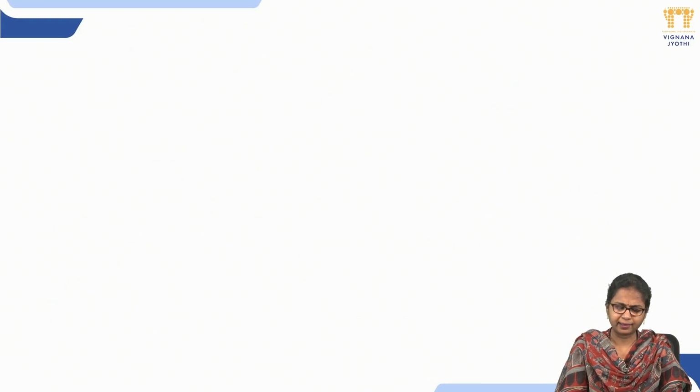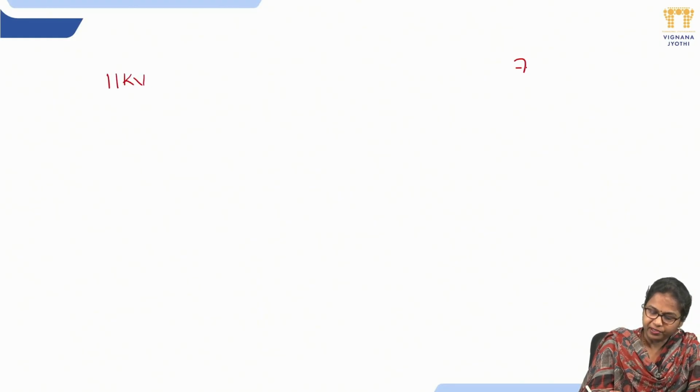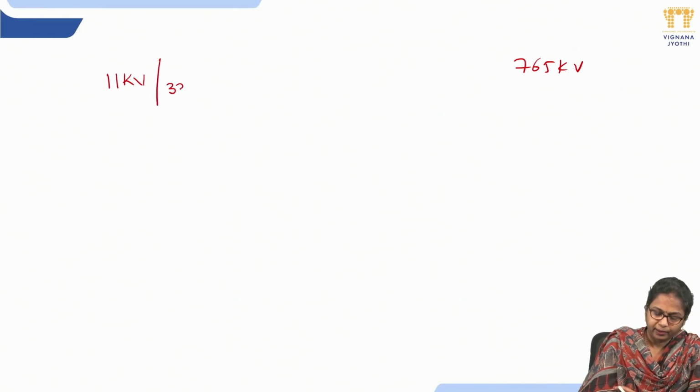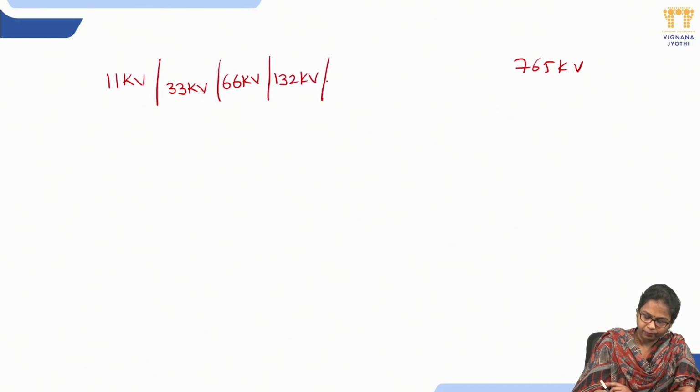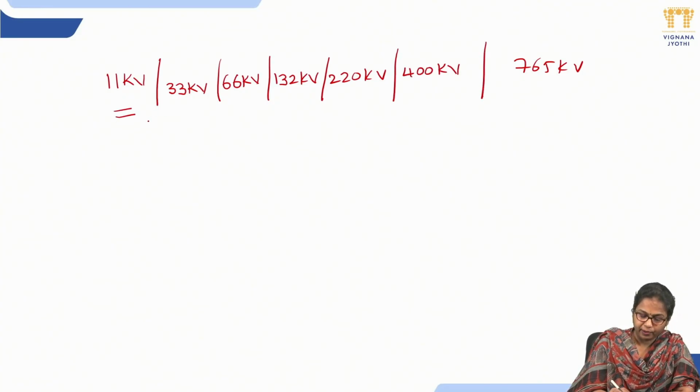So this is how, even in our Indian system, we are using voltages from 11 kV up to 765 kV: 33 kV, 66 kV, 132 kV, 220 kV, 400 kV, and finally 765 kV.